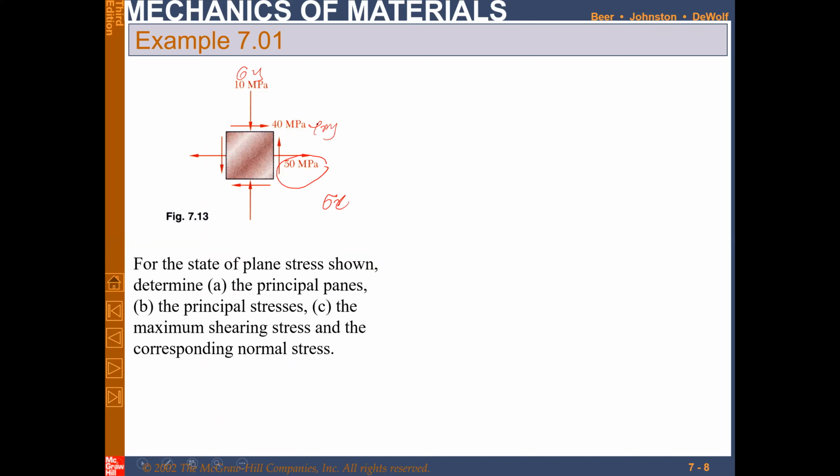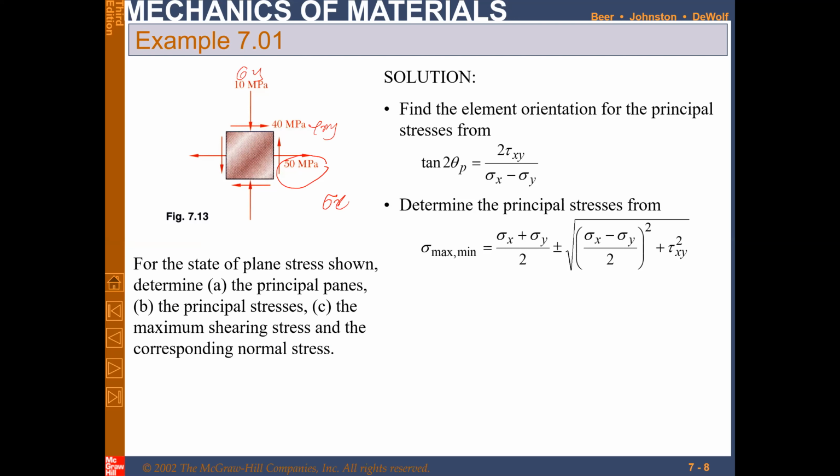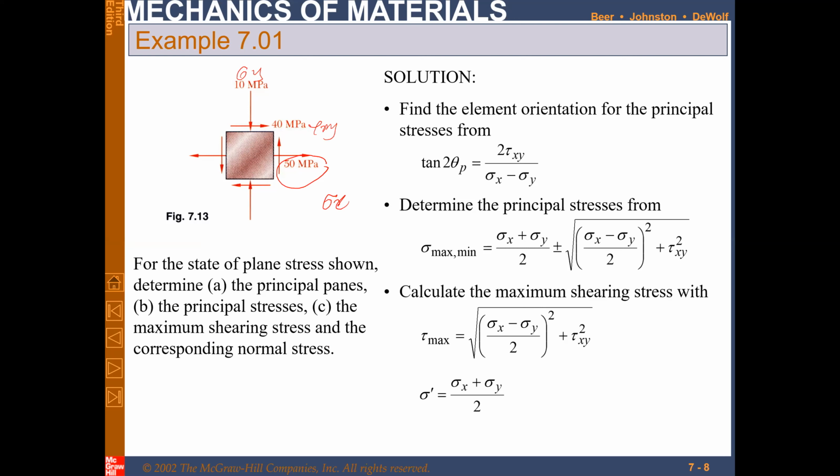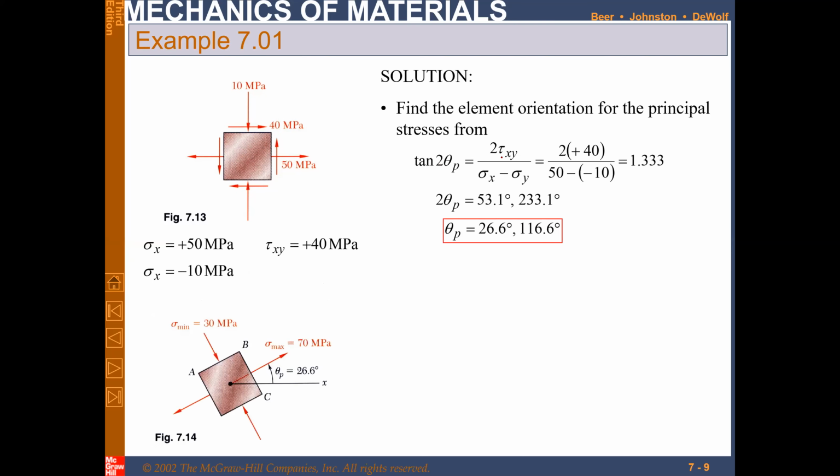And then you have standard expressions. These are all known to us, so we can go accordingly. By the way, this is the sigma average expression. We put these values into tan 2 theta p equals tau xy over sigma x minus sigma y. It will be minus 33, and 2 theta p will be this 53.1 degrees.